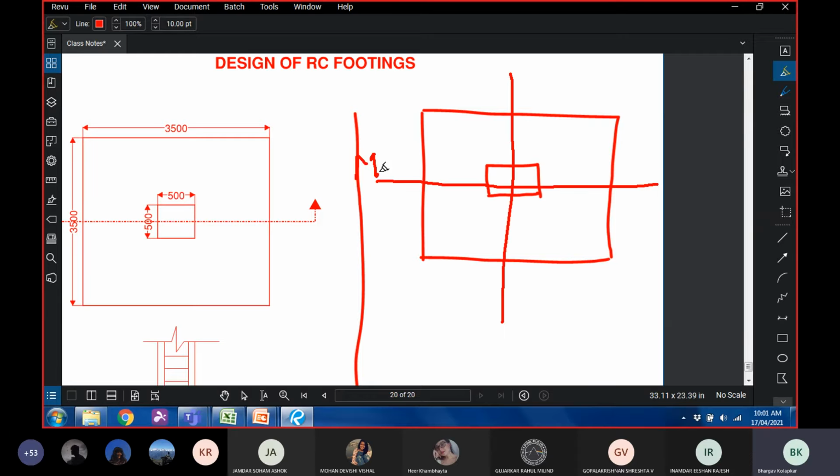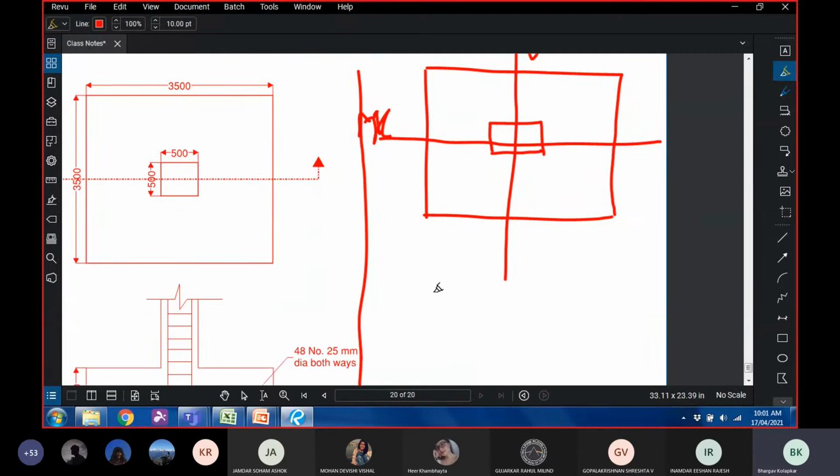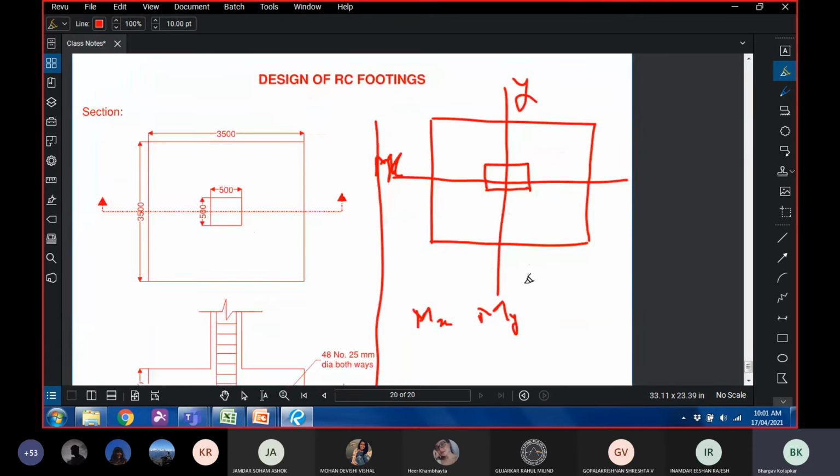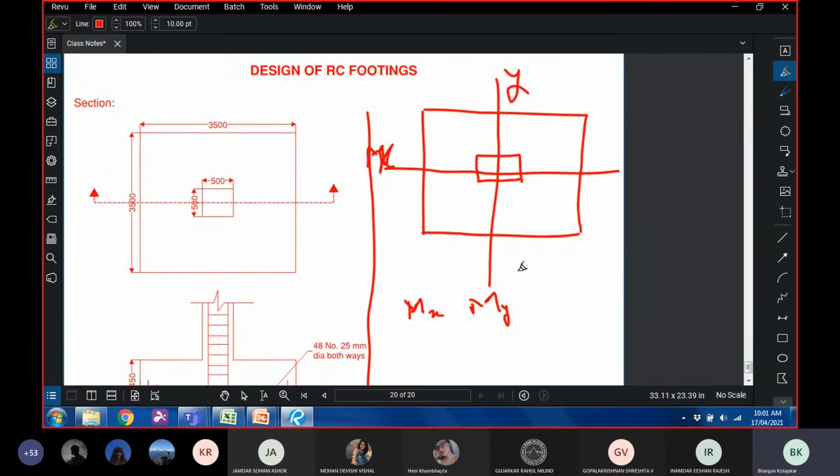This is your x-axis and this is your y-axis. Now the column is rectangular, the footing is square. Which moment will you consider? Will you consider mx or will you consider my? Strictly speaking, we have to consider both moments. We have to provide both rebar accordingly.